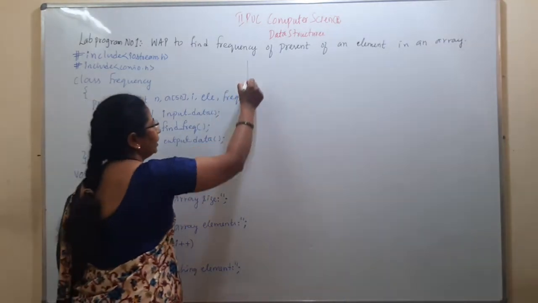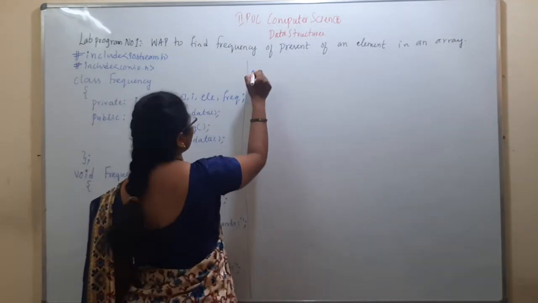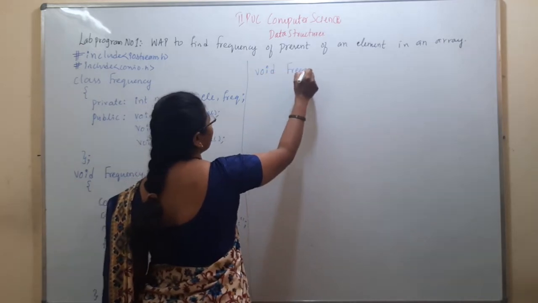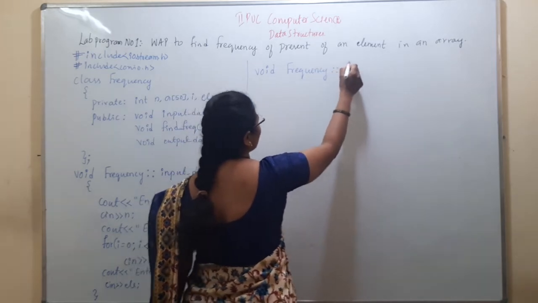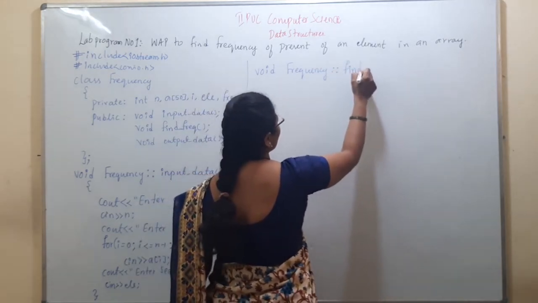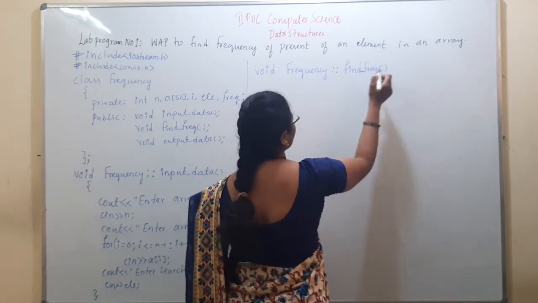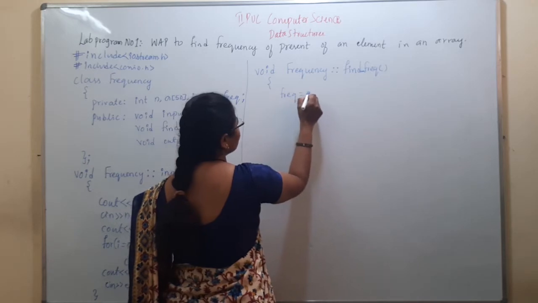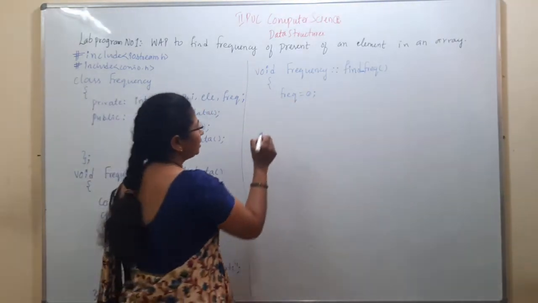Then we move to the processing part, that is find_frequency. Return type, class name, scope resolution operator, function name, find_frequency. Here first initialize the frequency counter to 0.